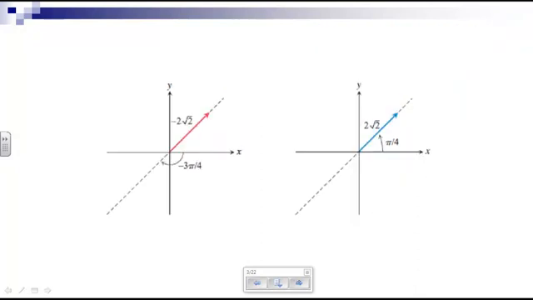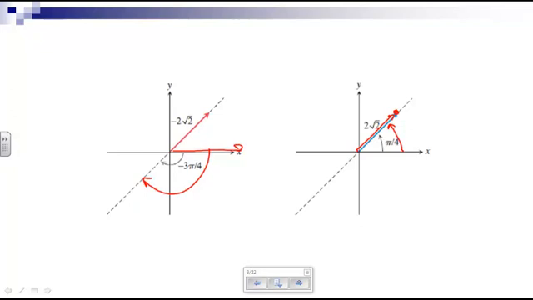Now, one of the things that's different about polar coordinates is that you can represent the same point multiple ways. Like we talked about this particular point, saying I rotated pi over 4, and then I went out to root 2. But there's also the idea that we can start, again on the positive x-axis, and rotate negative 3 pi over 4. And the r values don't have to be positive.